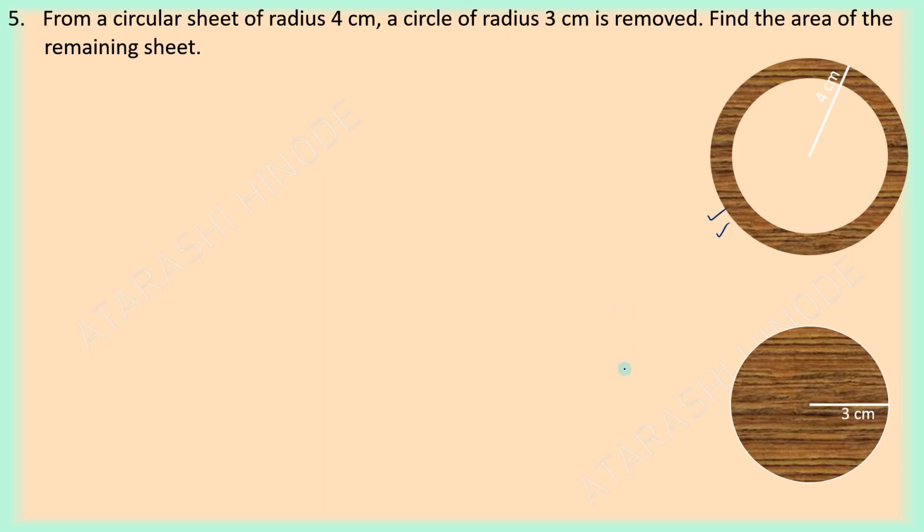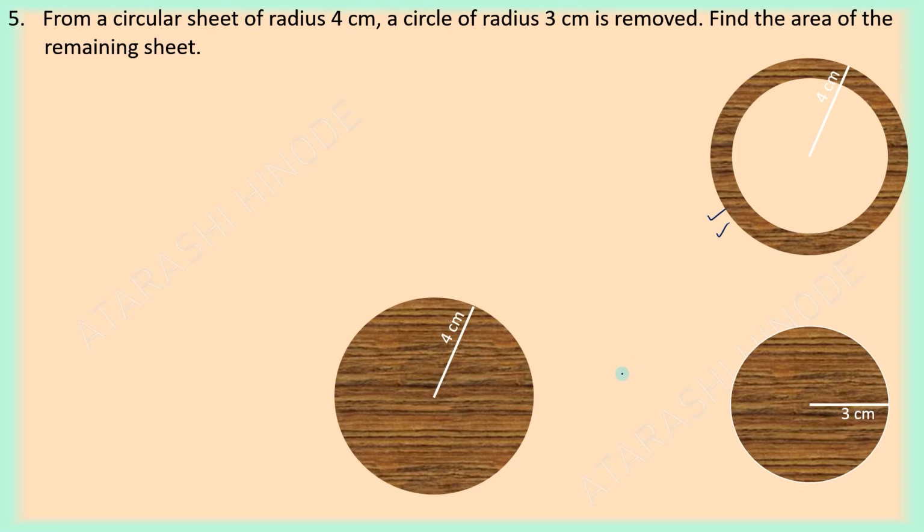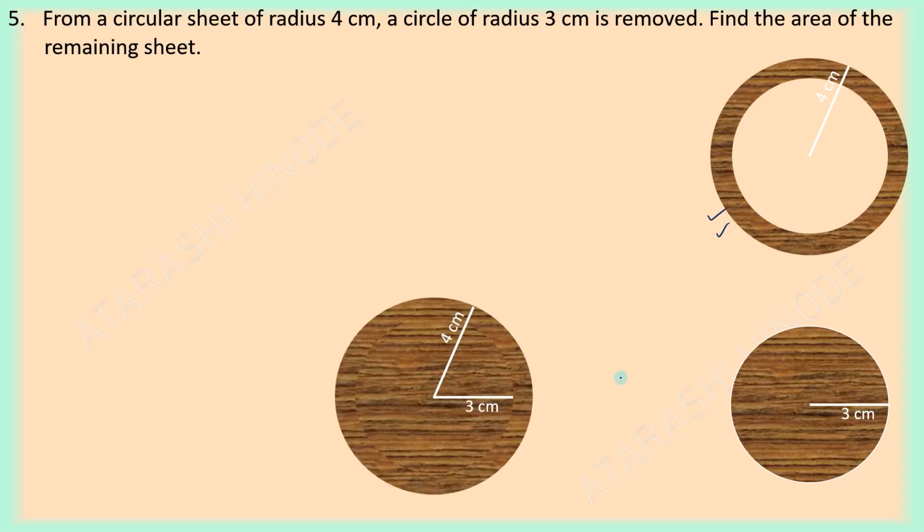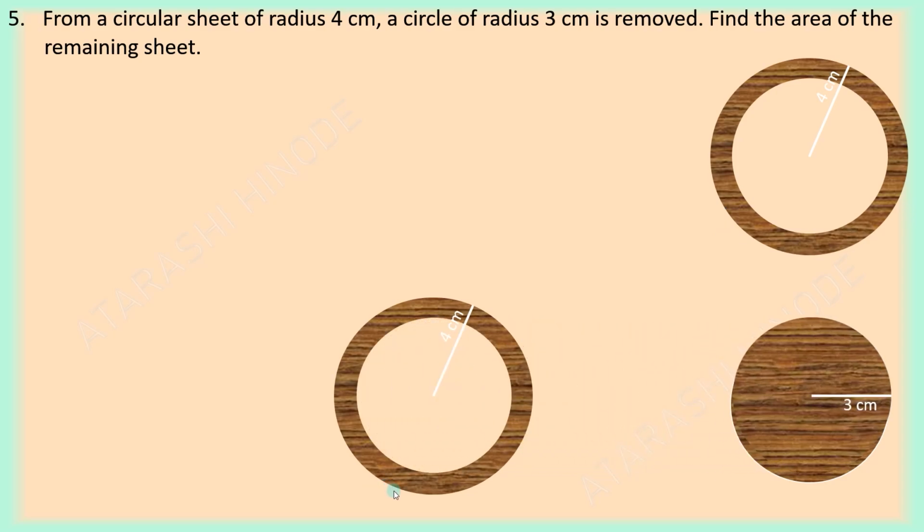For this, first we found the area of the larger sheet, then the area of the smaller sheet. After that, to get the area of the remaining sheet, from the area of the larger sheet we subtracted the area of the smaller sheet.